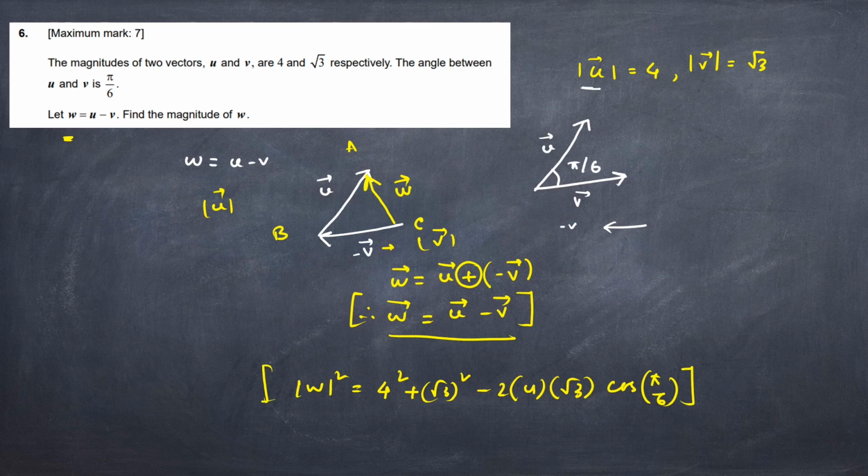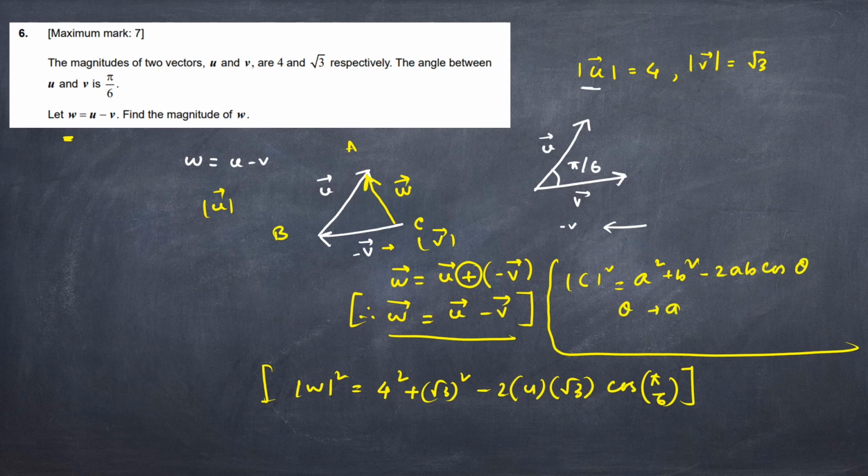So now using this formula, we can easily find out the particular thing. The formula comes from this particular question, that is mod of c square is equals to a square plus b square minus 2ab cos theta, where theta is the angle between a and b.